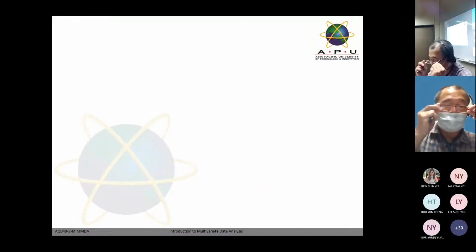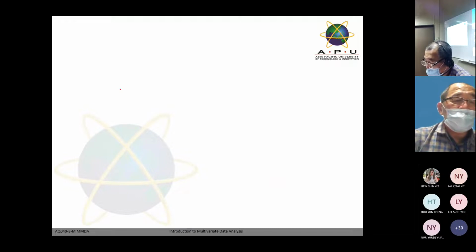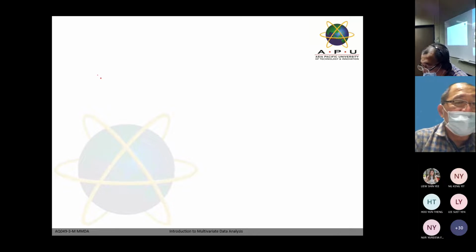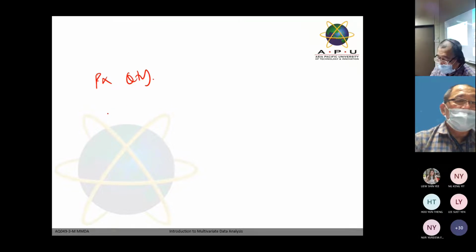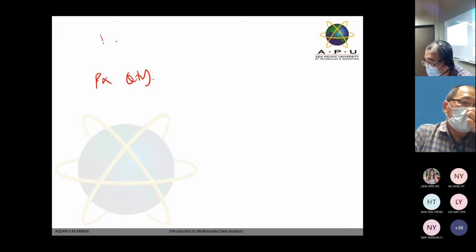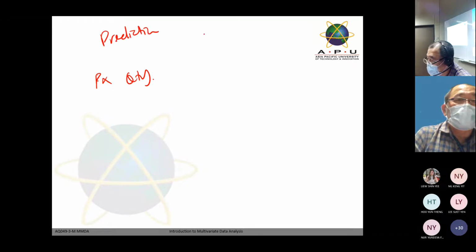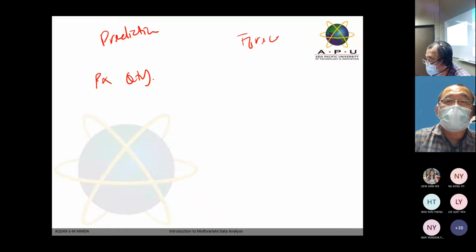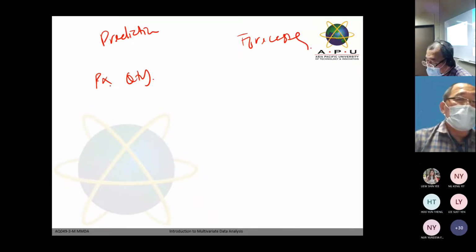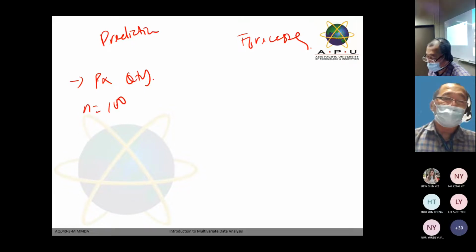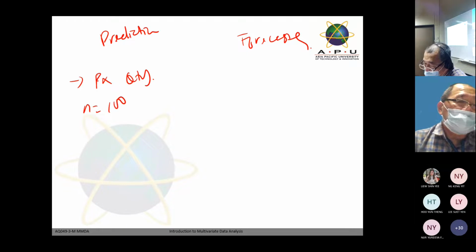What is prediction? For example, take a very basic economic theorem: price affects quantity. This is a prediction. Forecasting is different. So for prediction, price and quantity: you do a survey and get 100 respondents, n equals 100, the sample size. You give them different prices and see how much quantity they are going to purchase.